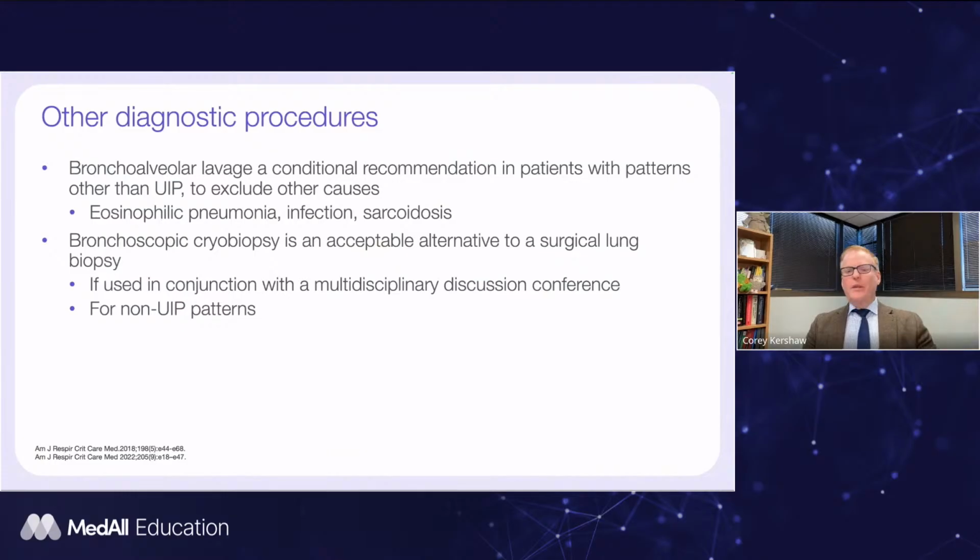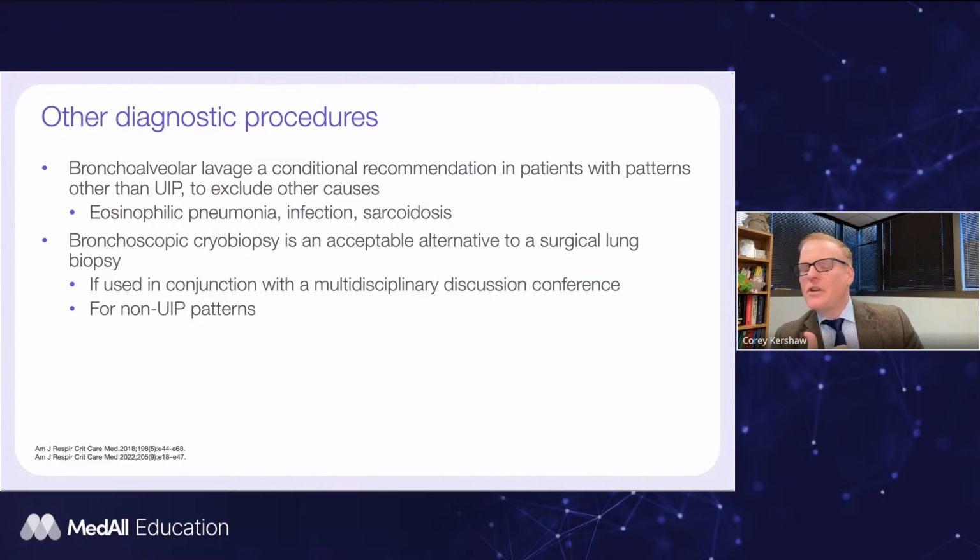So in that algorithm for diagnosing IPF, there were some things after the HRCT, including possibly lung biopsy, possibly multidisciplinary discussion conference. So what about doing a bronchoalveolar lavage? Does that help me at all? The only value to doing a bronchoalveolar lavage in the workup for an interstitial lung disease is to exclude other things. It's typically not going to help you with the fibrosing ILD diagnosis.